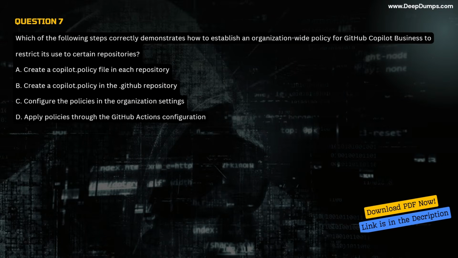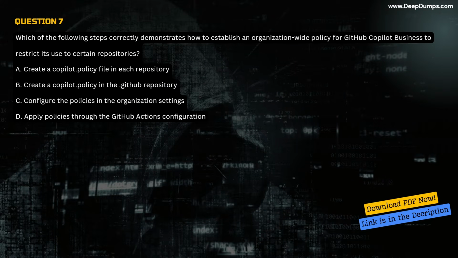Question 7. Which of the following steps correctly demonstrates how to establish an organization-wide policy for GitHub Copilot Business to restrict its use to certain repositories? A. Create a copilot.policy file in each repository. B. Create a copilot.policy in the .github repository.